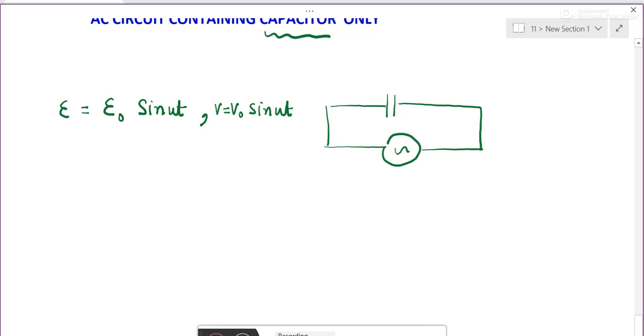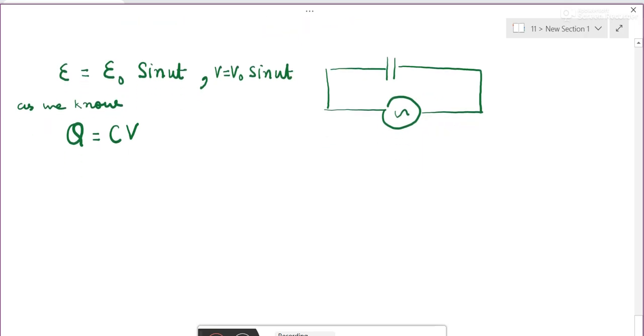Anyway, one equation you will write. Now we all know Q is equal to CV, the relationship between charge, capacitance and voltage. So Q is equal to C E, and if you have given the notation E, you can write it as C E naught sine omega t.